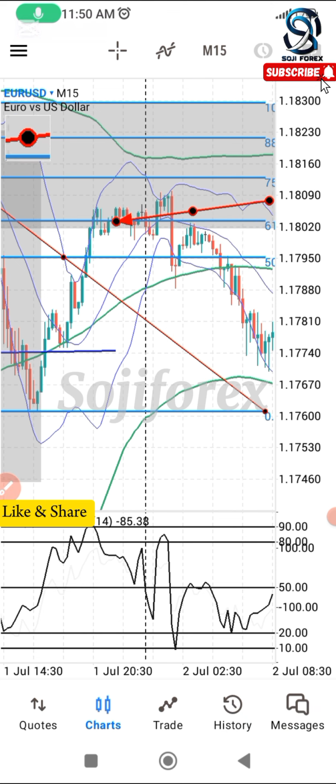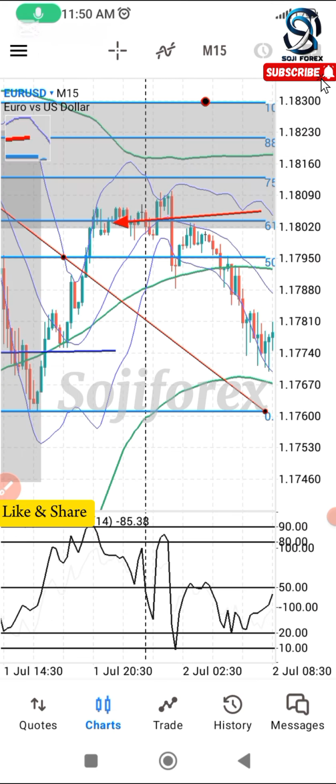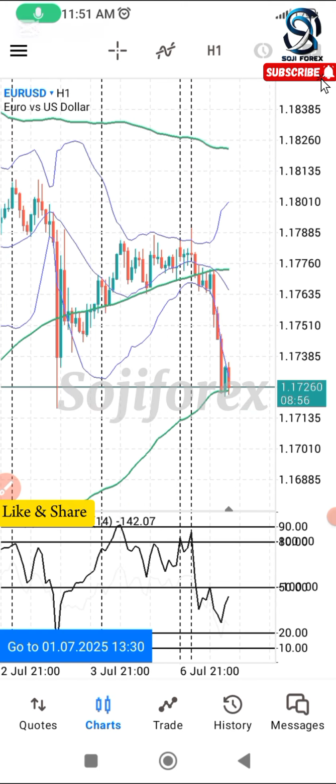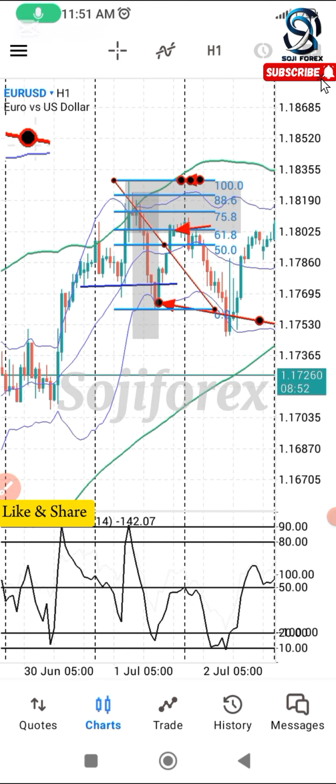So this is my entry. And after that, here is my stop loss. My stop loss is meant to be at that 100. And then my take profit is going to be at the low. You see this low?